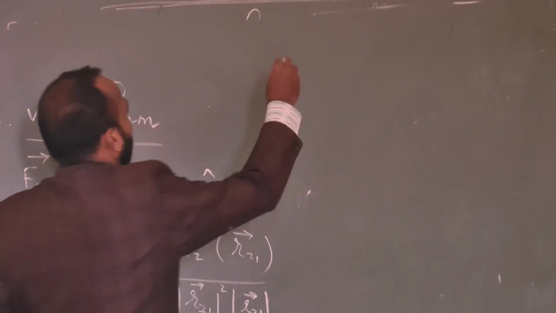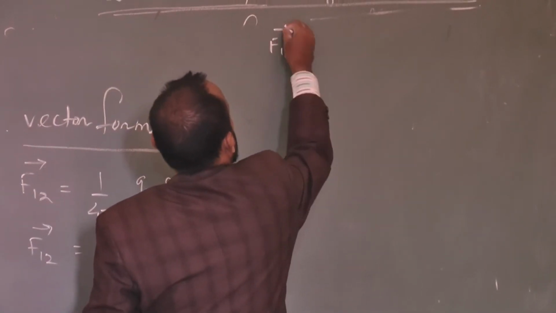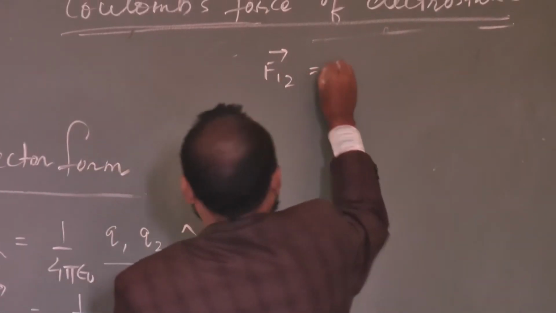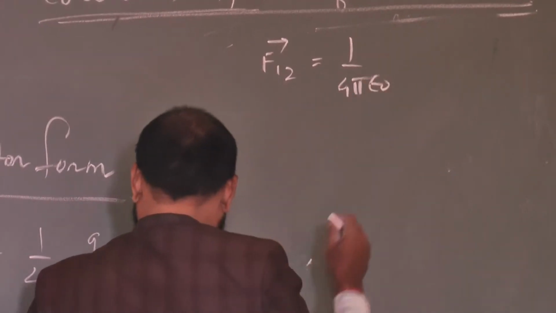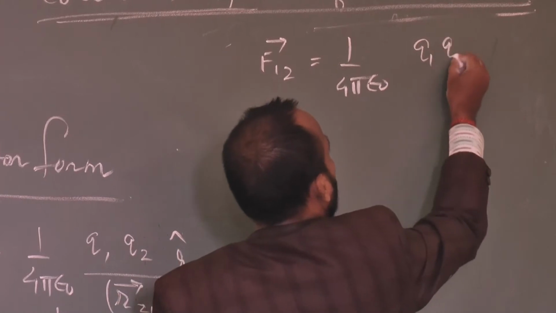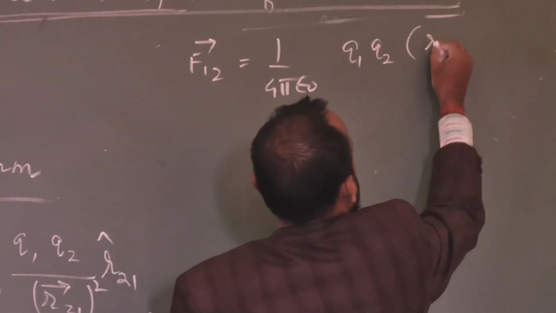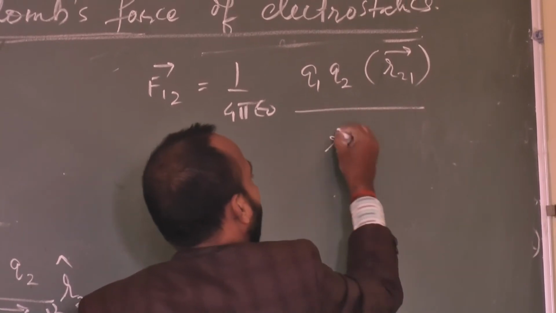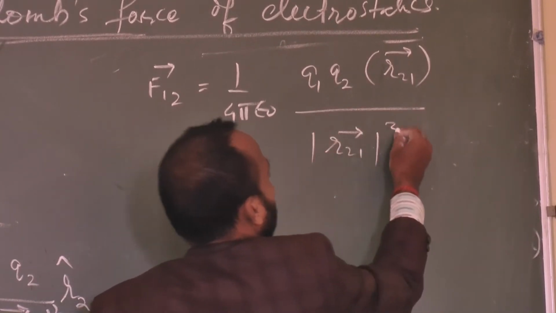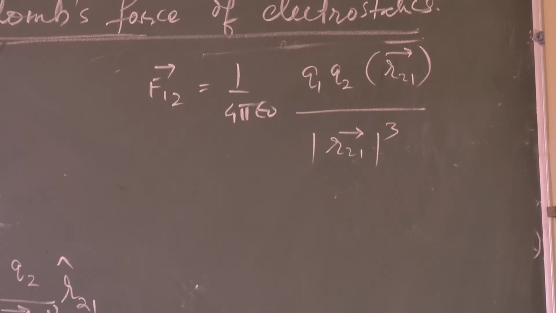Now this expression will be F12 vector is equals to 1 by 4 pi epsilon naught Q1 Q2. Now R21 vector divided by R21 vector, that much of magnitude of whole cube. Now it is clear.